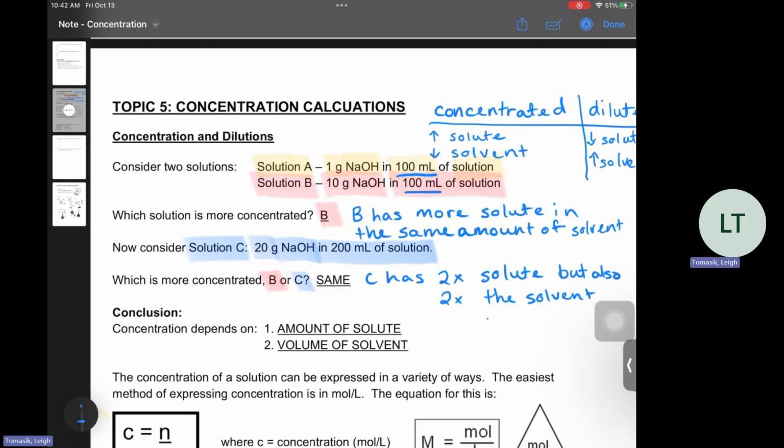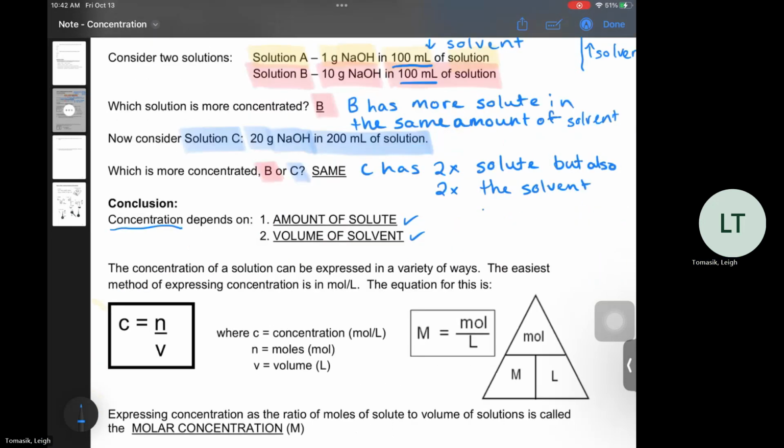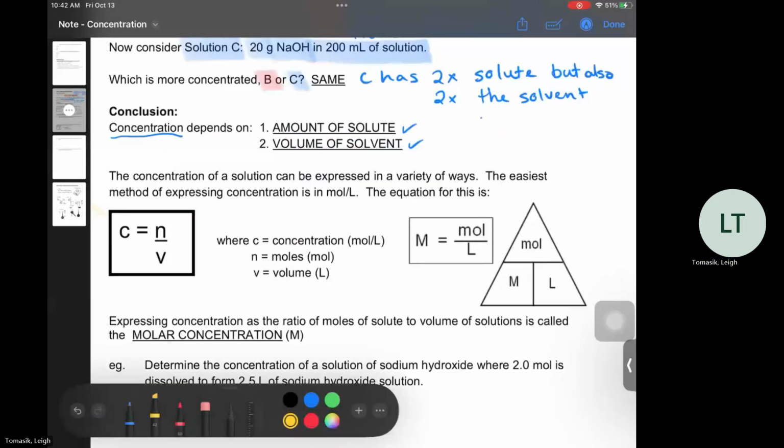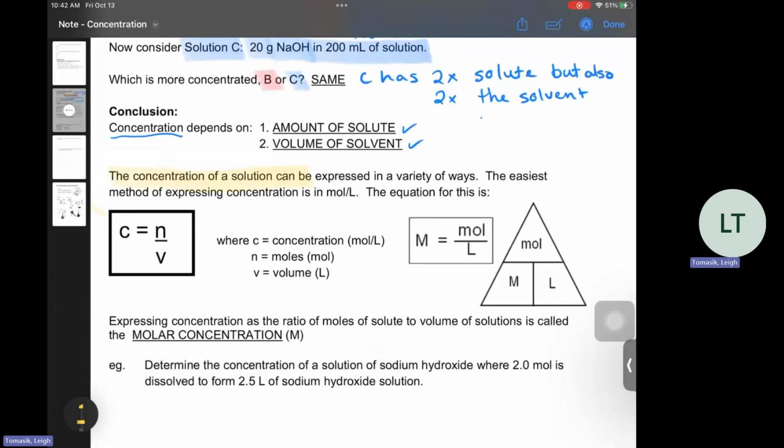So, in conclusion, concentration depends on two things. It depends on the amount of solute and the amount of solvent. Here it says the concentration of solution can be expressed in a variety of ways. We have one way that we use in science laboratories, and we use the units moles per liter.